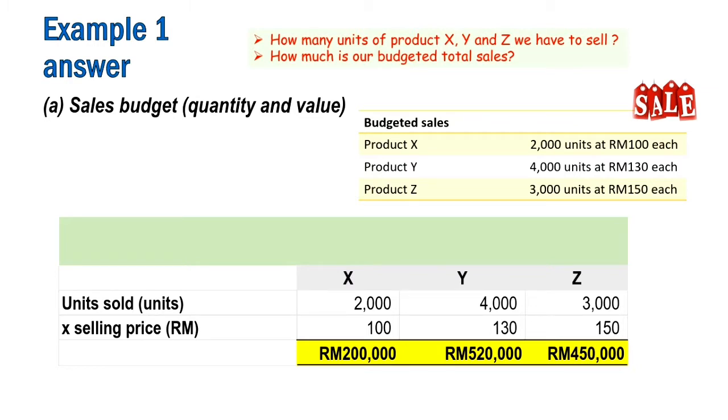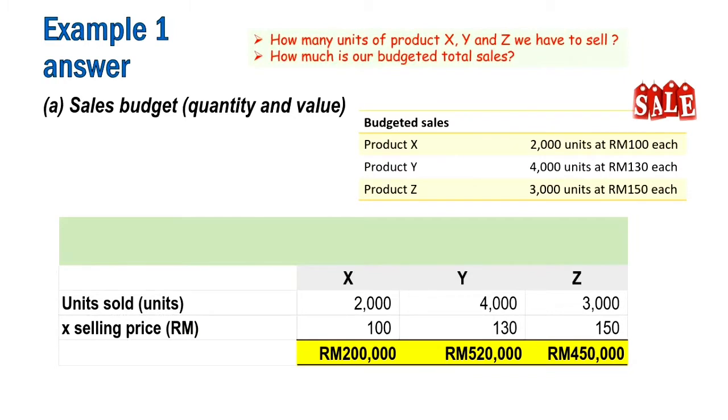So the table in yellow is extracted from the question, and the table which has a green header is the answer. So it's actually a direct question. How many units of product X, Y, and Z do we have to sell? It is stated in the question: 2,000, 4,000, and 3,000.